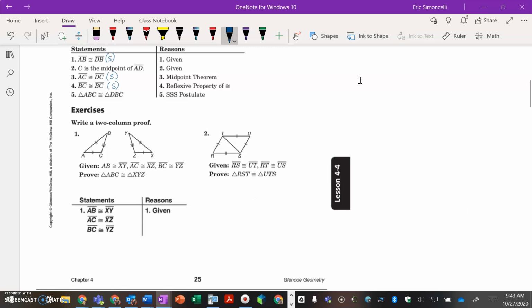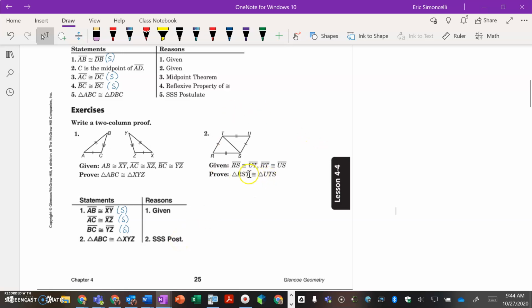As we said in the last proof, we've got side, side, side. That in and of itself should be enough to justify that triangle ABC is congruent to triangle XYZ, and the reason is the side, side, side postulate.